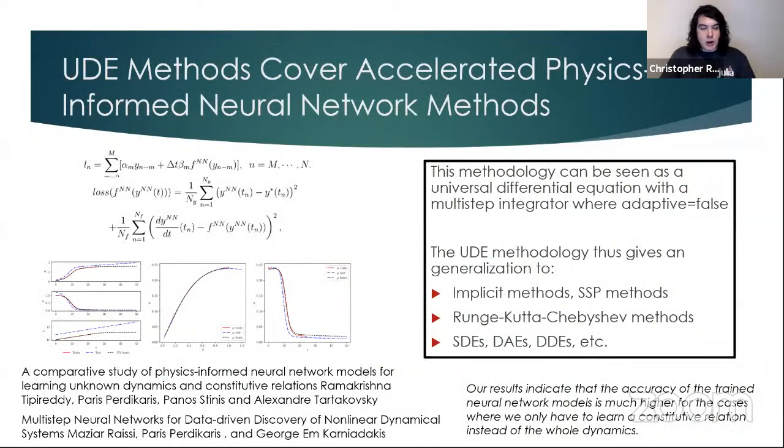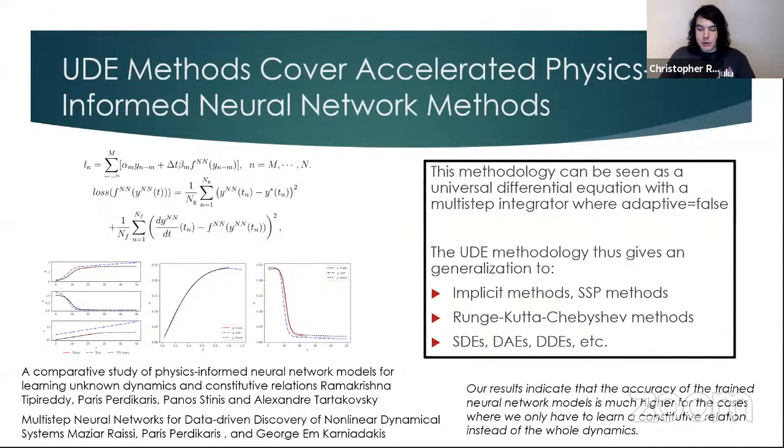So for example, there have been two studies about learning physics-informed neural networks with discrete forms. If you discretize your physics-informed neural network or utilize a multi-step neural network, these kinds of methodologies are essentially a universal differential equation with the multi-step integrator where you set adaptive equals false.